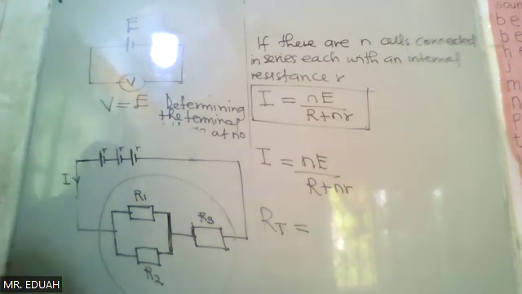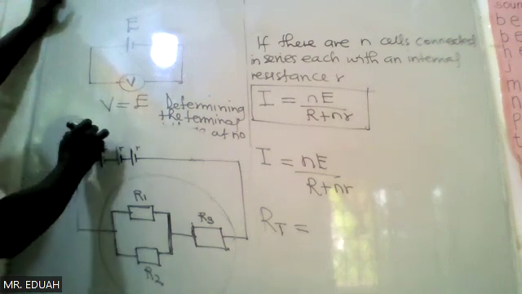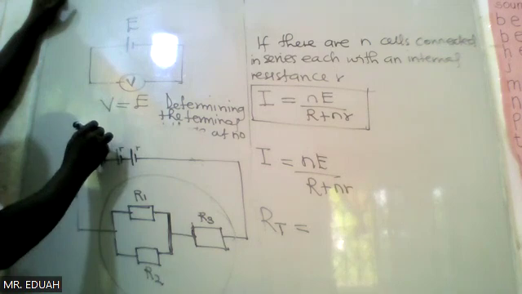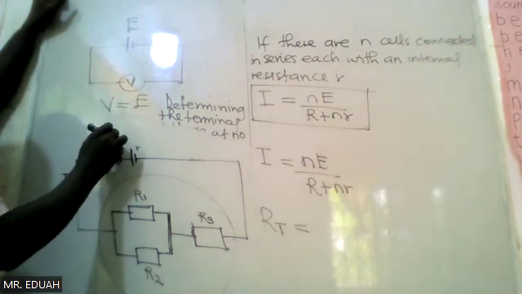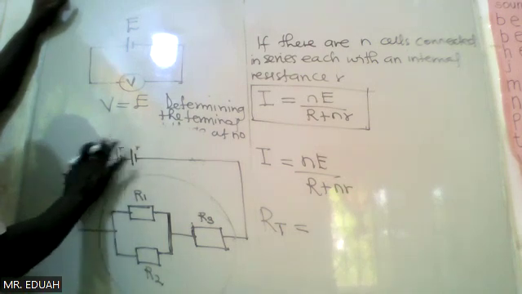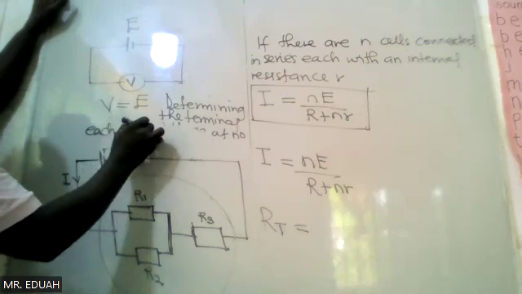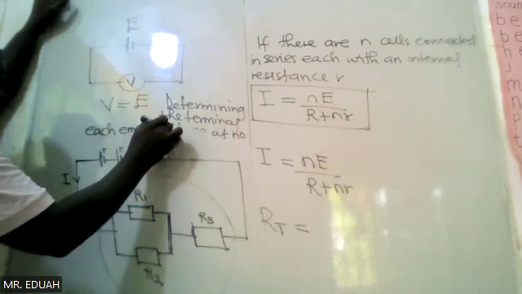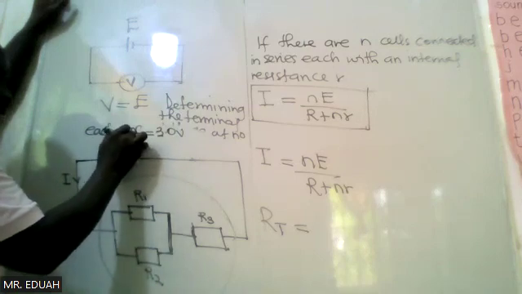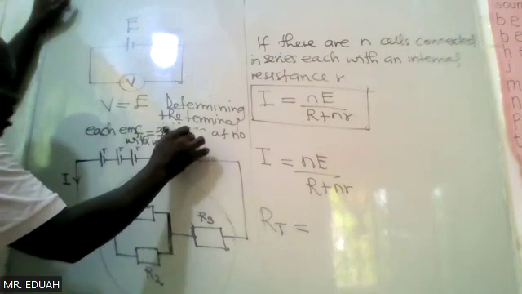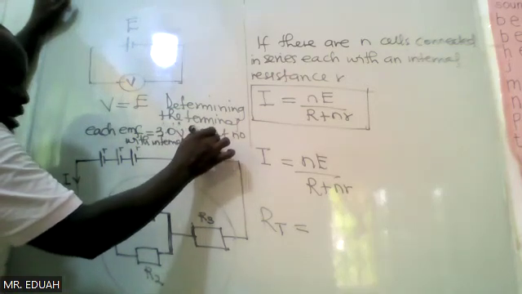Example. Let's solve an example. Look at the question we just solved. Assuming each of the batteries has EMF 3 volts, each EMF is equal to 3 volts with internal resistance of 0.3 ohm.